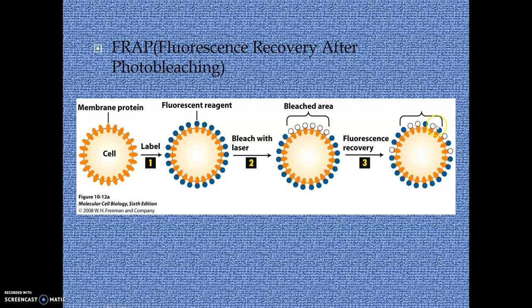You can see fluorescent molecules are now found here, and the non-fluorescent molecules moved. What does this mean? It means that the membrane proteins are constantly moving, they are dynamic. So this was an experiment done to prove this concept.